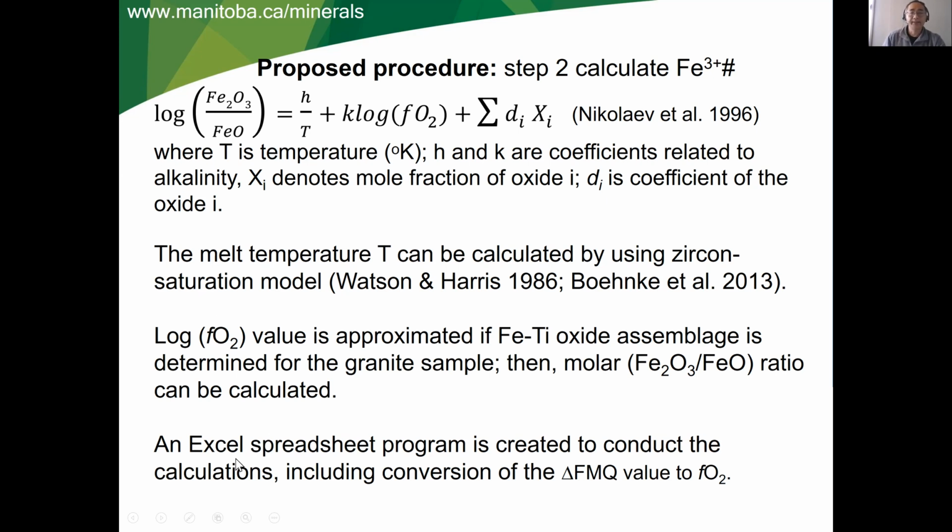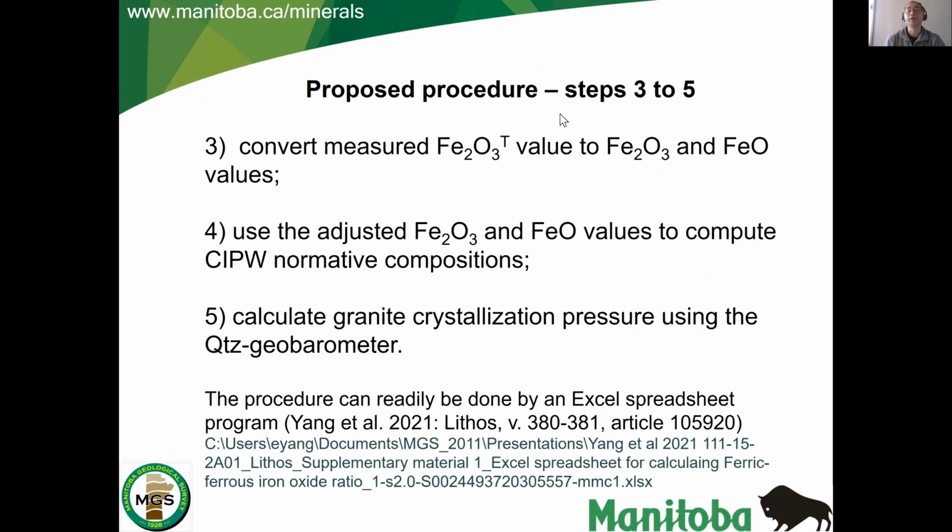And we present a combined Excel spreadsheet program so that this calculation can be carried out very readily. Then we convert the total iron to the adjusted values, and using this estimated ferric and ferrous iron oxide ratio content to calculate CIPW normative compositions, we can get an improved crystallization pressure estimate based on the quartz barometer.